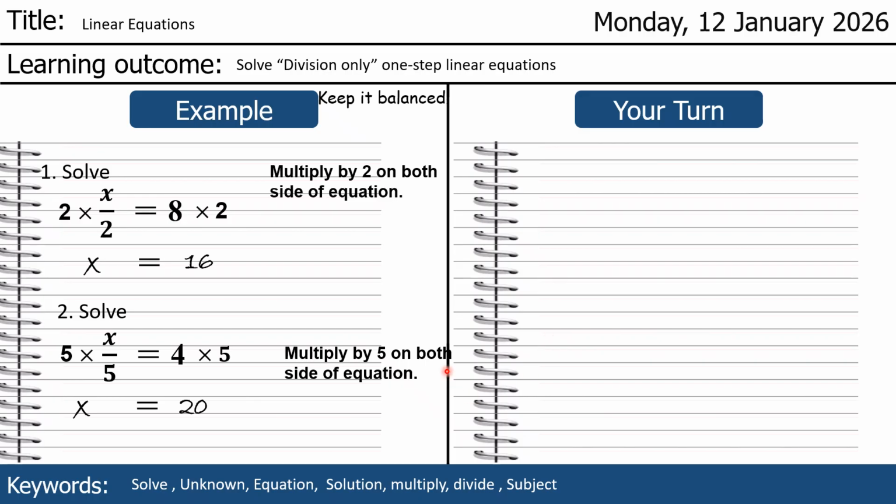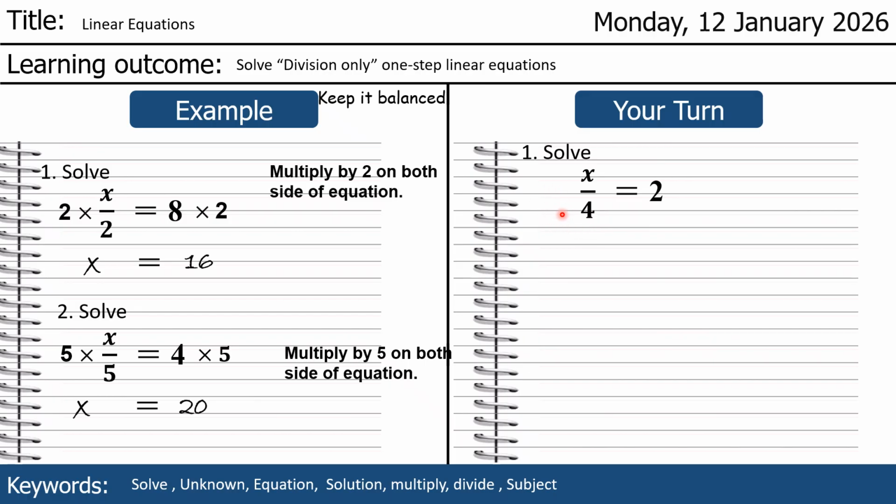How about pausing the video and trying these questions? So the first one is x divided by 4 is equal to 2. So here again we'll reverse the operation. So we have x divided by 4. So the reverse of dividing by 4 is multiplying by 4.